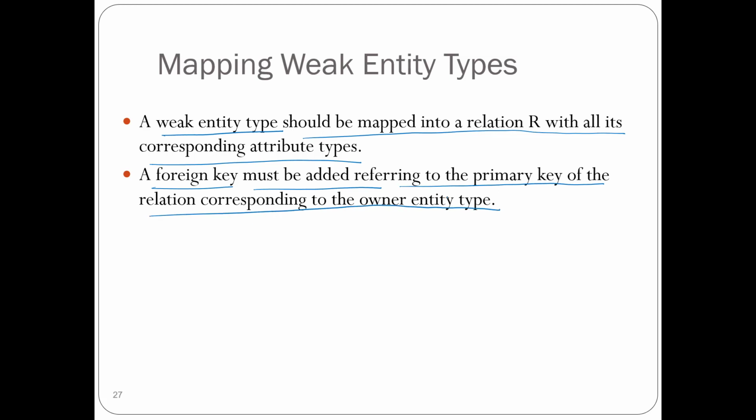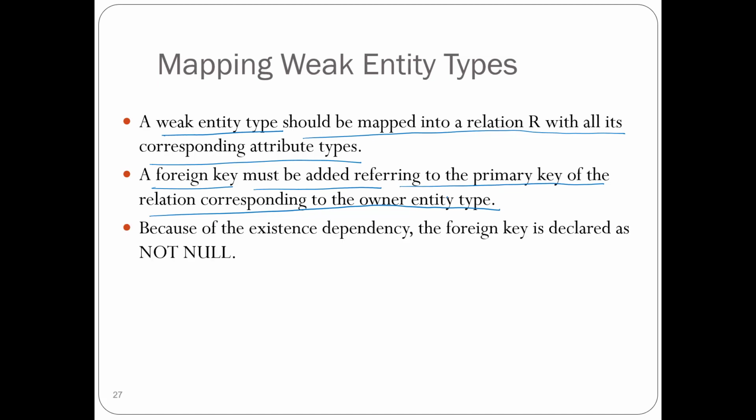So when we learned about weak entity, we also learned about the owner entity type. So in order to map a weak entity type, you'll have to create a relation R for the weak entity type with all its attributes, and then you have to put a foreign key, and that foreign key will be mapped to the primary key of the owner entity for this weak entity type.